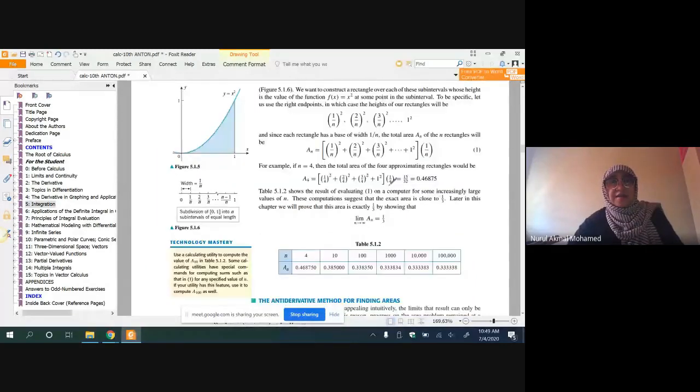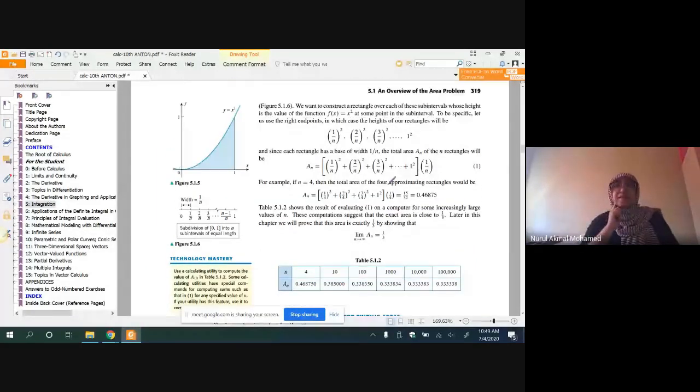Let's look at this example here. You have y is equal to x squared, so it is a quadratic function.